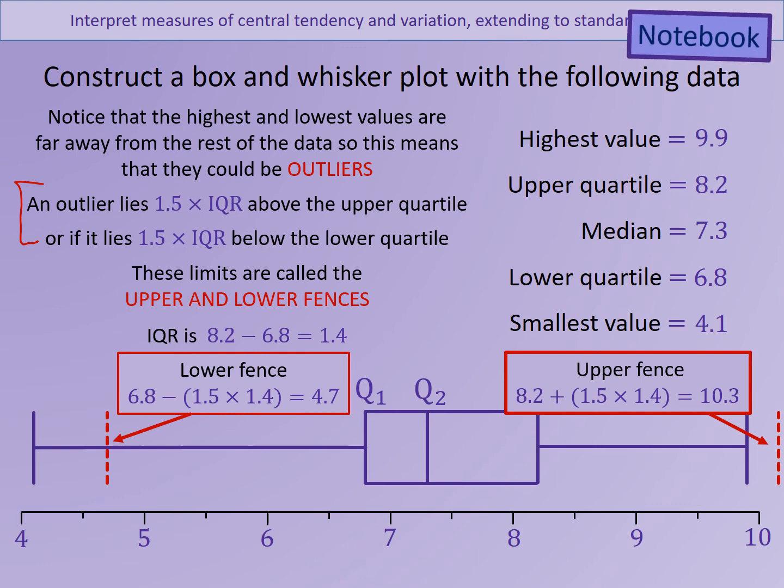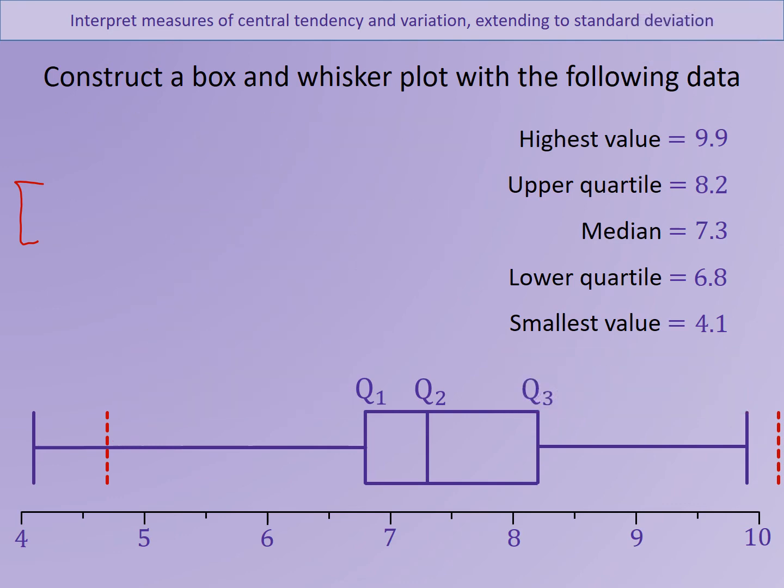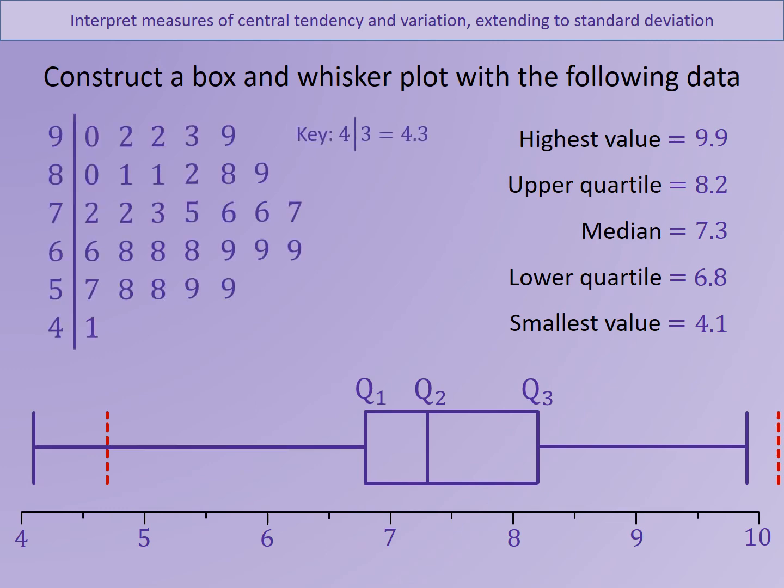So in this case we have some data that is an outlier on the lower side, so those values below 4.7 are outliers, but on the upper side all of our data does lie within that range up to 10.3. Now we need to identify these as well. If we take a look back at our data, we can then identify which pieces of data are our outliers.